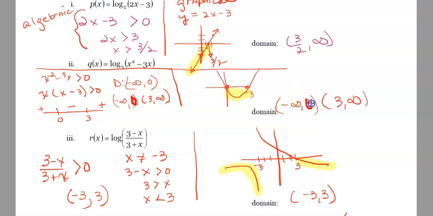Okay, make that 0. So you can have all this area, which is -infinity up until 0, and you can have this from +3 all the way to infinity. That's your domain, and that's how I handled it.